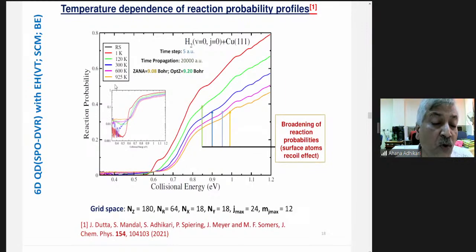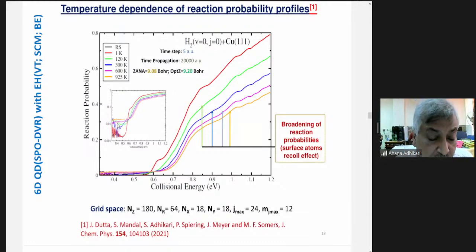And then if you make a log plot, you can see something very interesting: at lower surface temperature, the red curve is 1 Kelvin. At lower collisional energy, the reaction probability is very small, but at higher collisional energy, it has higher reaction probability.